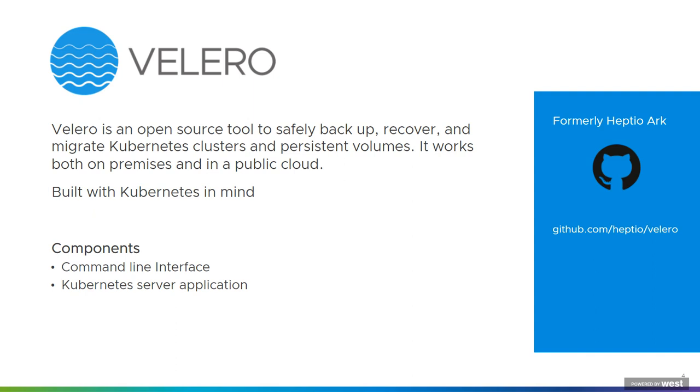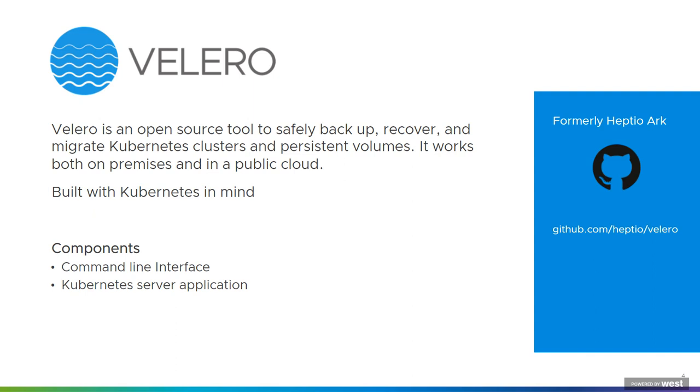Velero is built with Kubernetes in mind in that it has a specific understanding of the resources of Kubernetes and knows how to back up all of those resources, those objects, and the data that's associated with them, and store them safely so that they can be reconstituted in a new cluster.